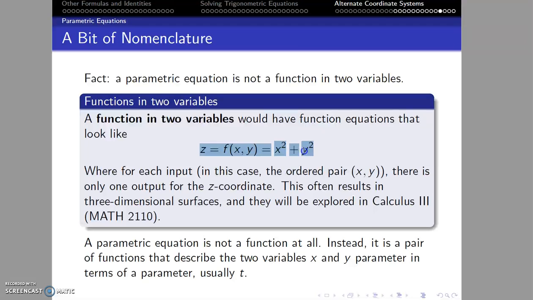And what this might look like, and I'm not going to be able to sketch this out for you, is a three-dimensional surface. This says that for whatever x and y you put in here, you square and you add together, that tells you your height, that tells you your z-coordinate. And that makes a surface. And there's only one output z for every single ordered pair you put in.